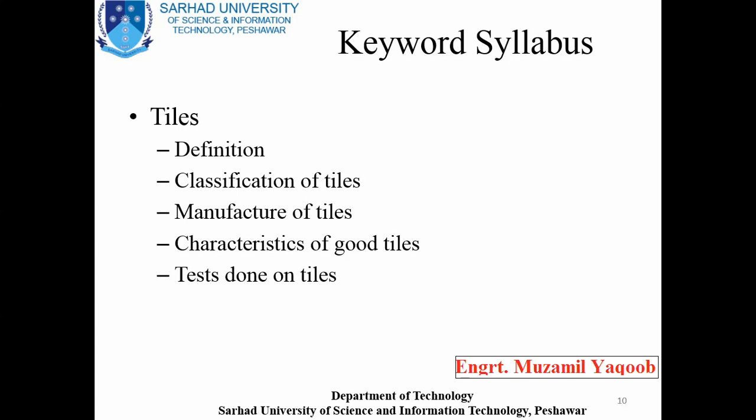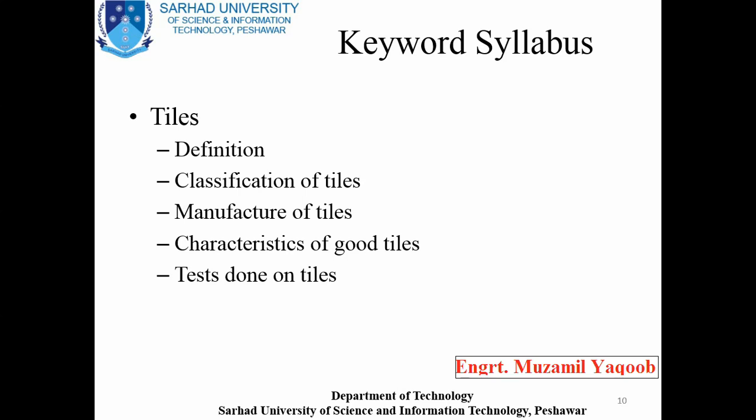Basically, on manufacturing process means pressed or extruded. Based on water absorption capacities means high, or medium, or low water absorption capacity. So these are the factors.